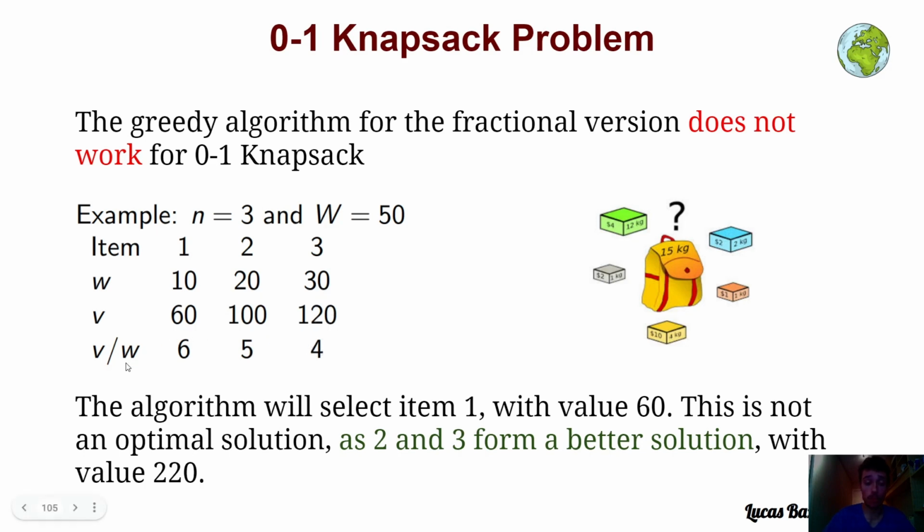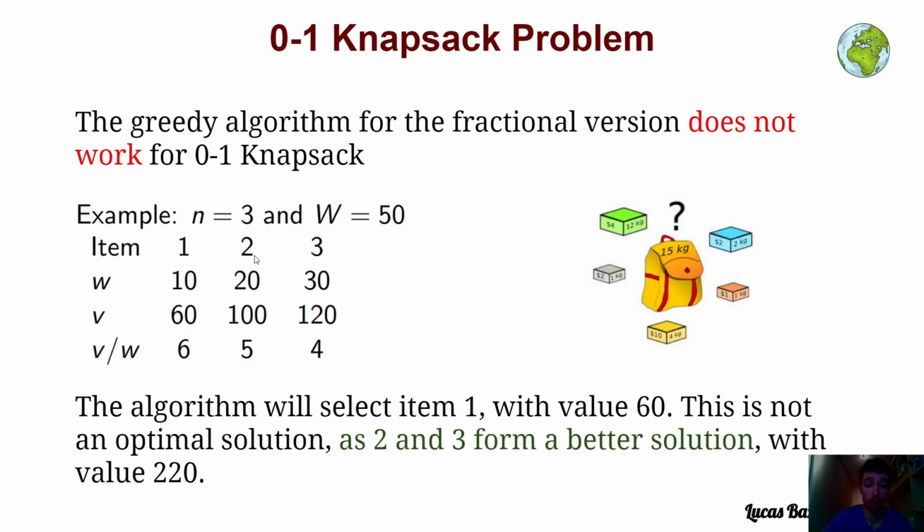If we study now the ratios of all of the items, following the previous approach, the algorithm will select item 1 because it is the one that has the highest ratio, in this case 6. However, we can clearly see that this is not the optimal solution, as items 2 and 3 form a better solution.